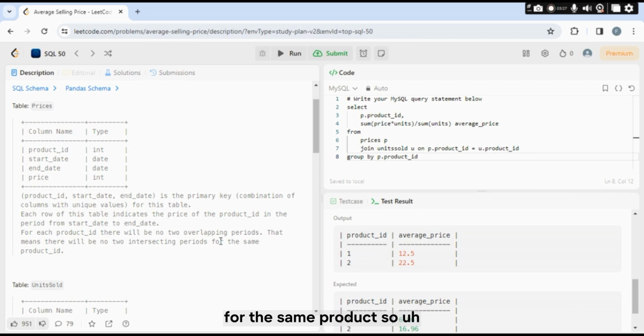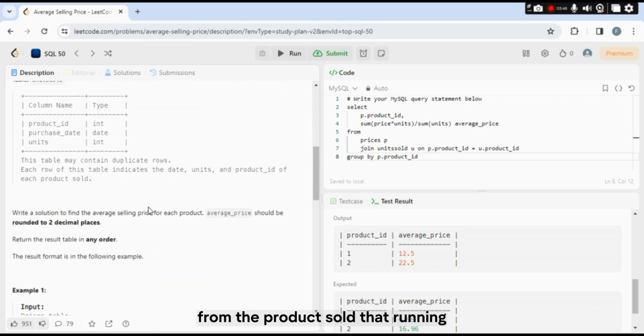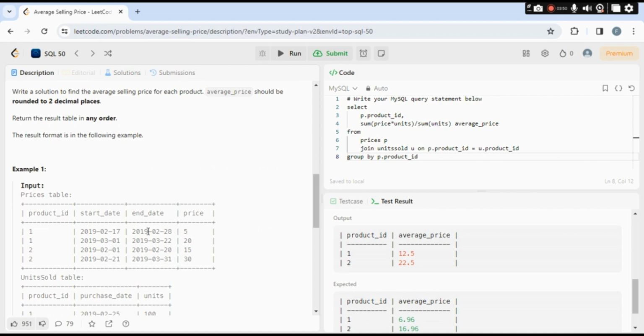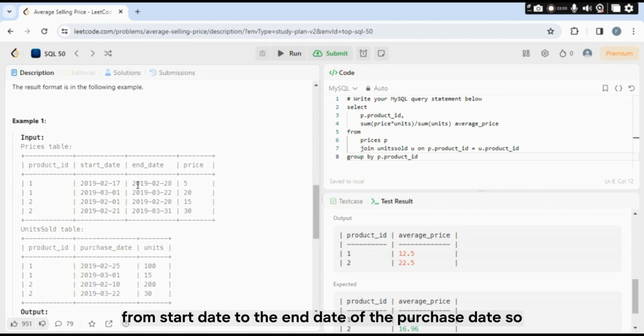So from this information, what we can get is we have to retrieve the data from the products sold from start date to the end date of the purchase date.